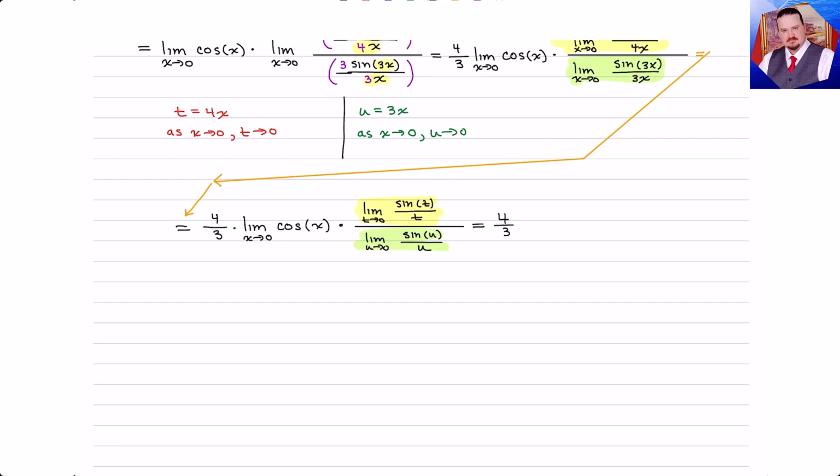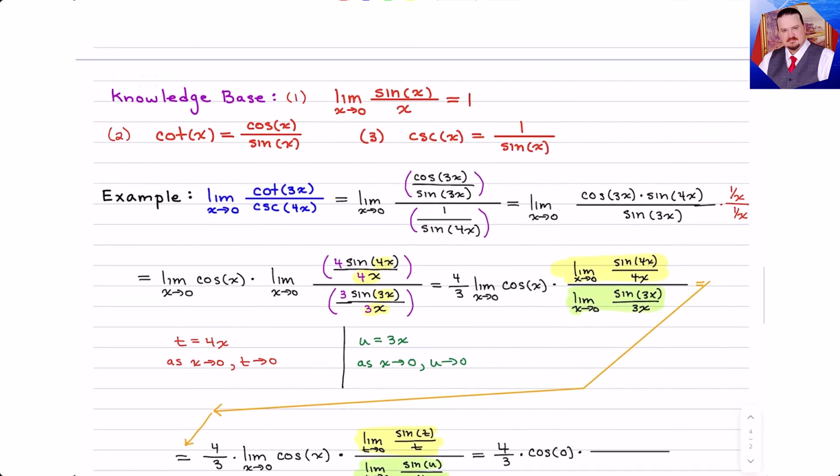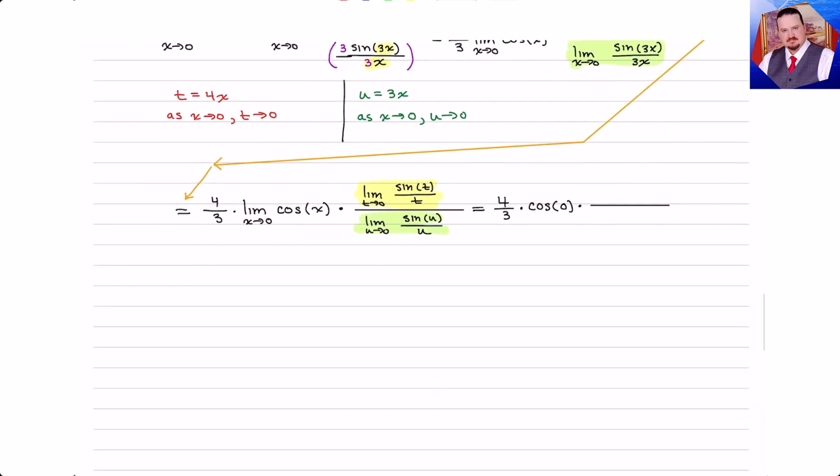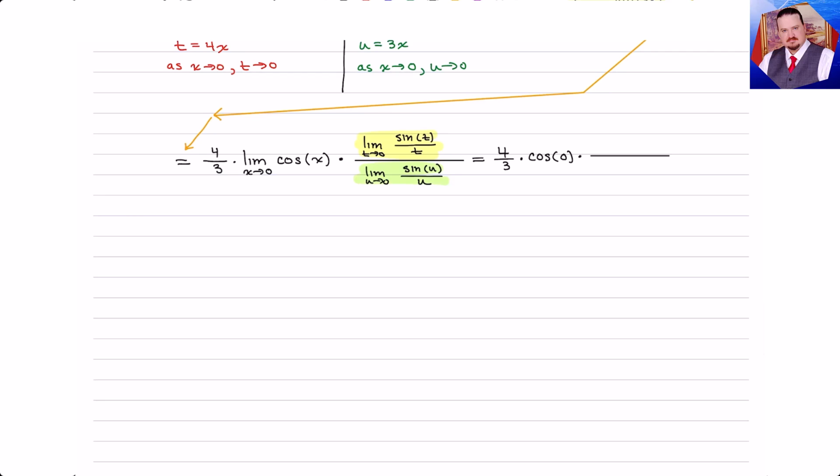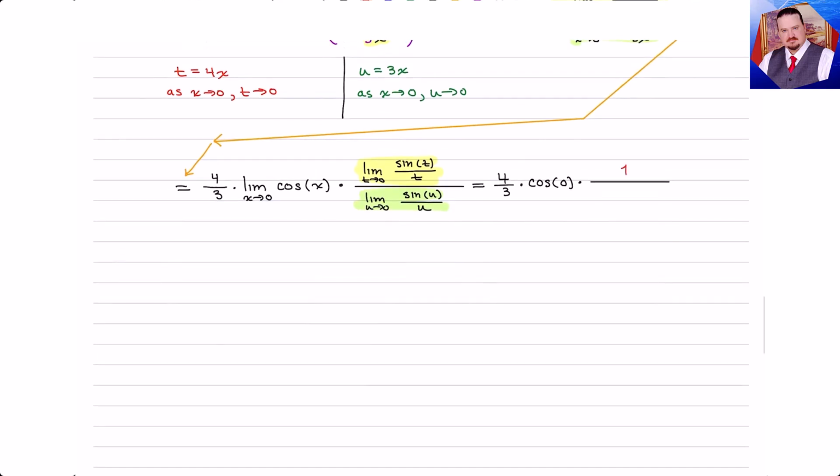All right, now this one, as x goes to 0, what is this limit? Well, that's just cosine of 0, 1. And now this limit is our first favorite trigonometric limit being applied twice. So it's 1 over 1. And now what is this equal? Remember, the cosine of 0 is 1.